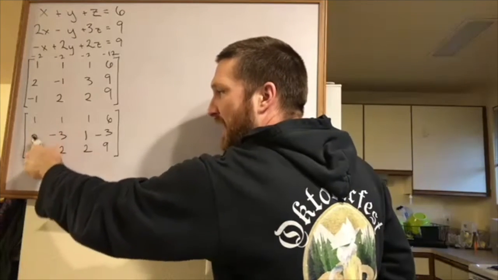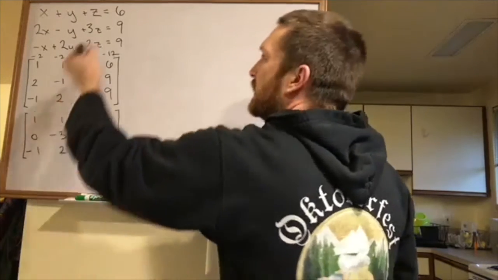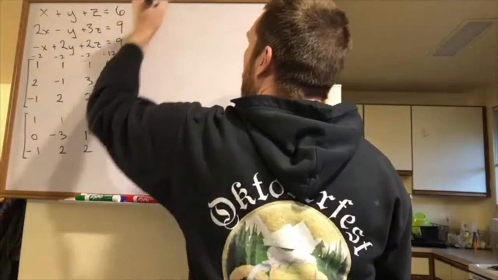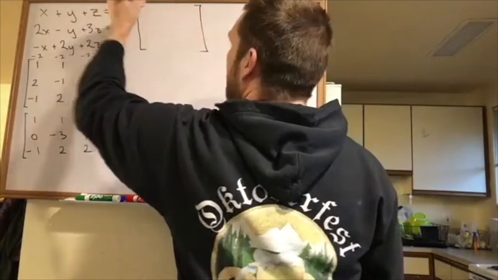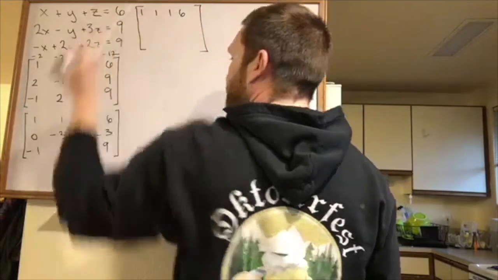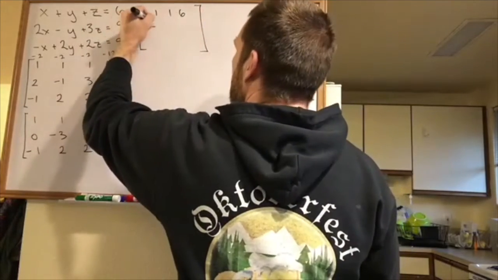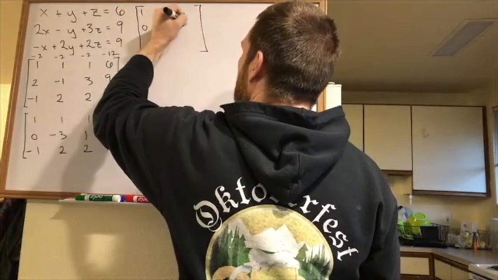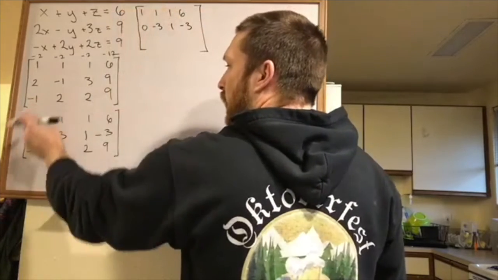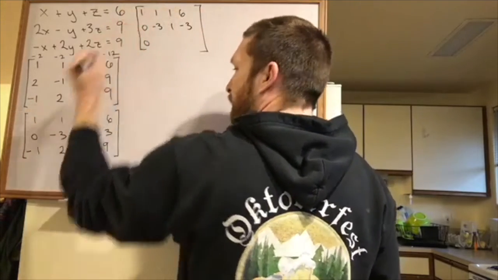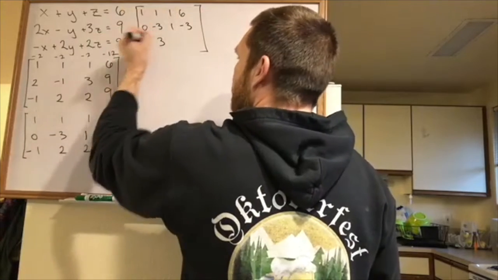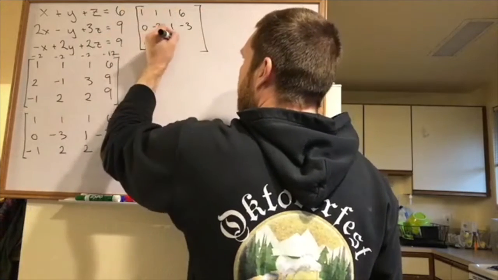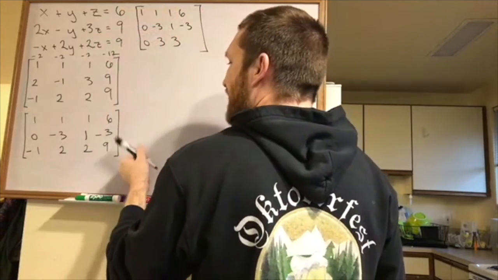So I'm just going to add that one to that one. And so the top row is not changing. We still have a 1, 1, 1, 6. The second row is not changing. 1, negative 3. Now the bottom row, 1 and negative 1 is 0. 1 and 2 is 3. 1 and 2 is 3. And 6 and 9 make 15.